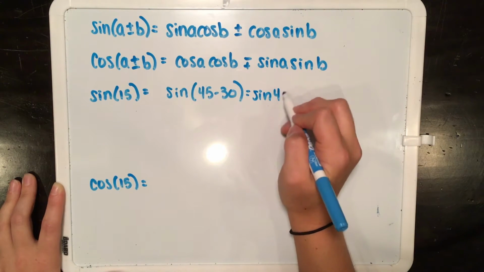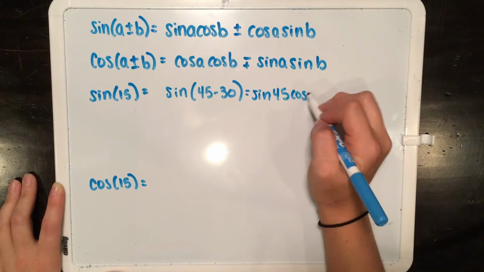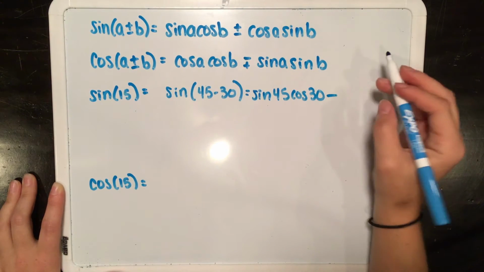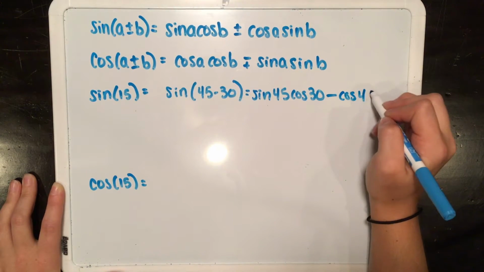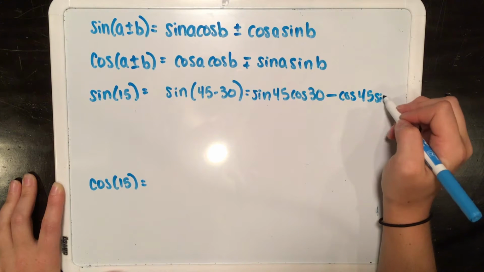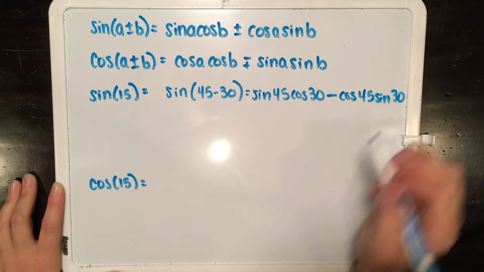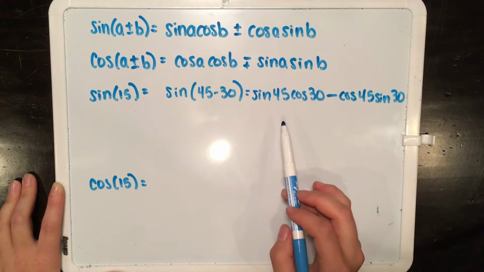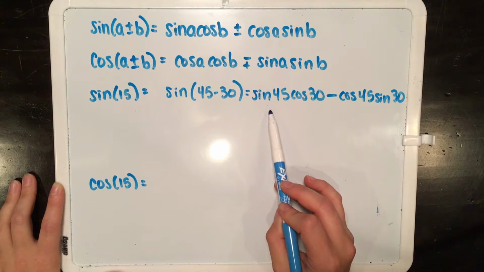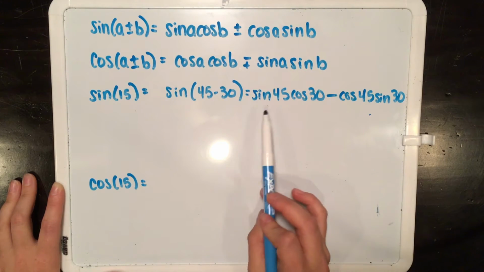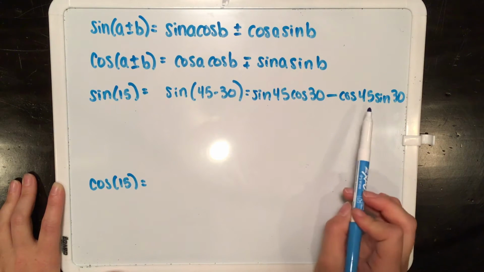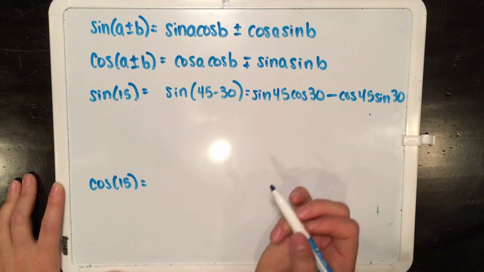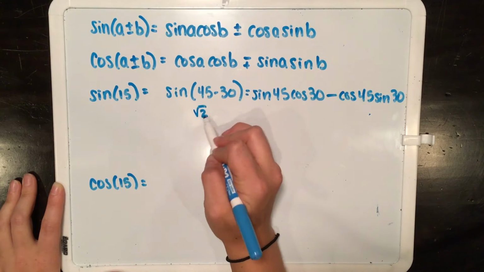Sine of A, cosine of B, same sign, minus cosine of A, sine of B. So now we can use our unit circle values in order to find sine of 45, cosine 30, cosine 45, sine of 30. The sine of 45 is the square root of 2 over 2.